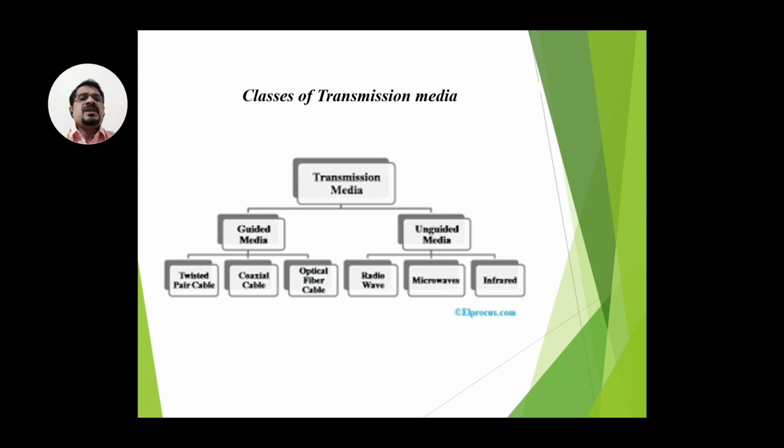The transmission media is majorly divided into guided media and unguided media. Under the guided media, there are twisted pair cables, coaxial cables and then optical fiber cables. These three things we are going to discuss majorly. And then in unguided media, we will discuss radio waves, microwaves and then infrared signals.